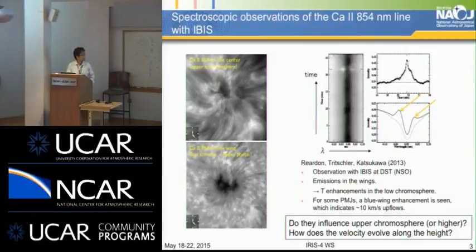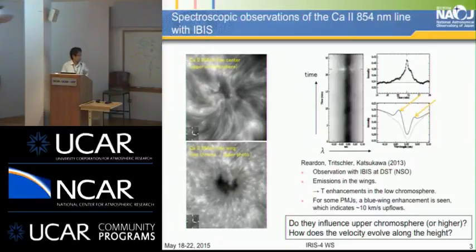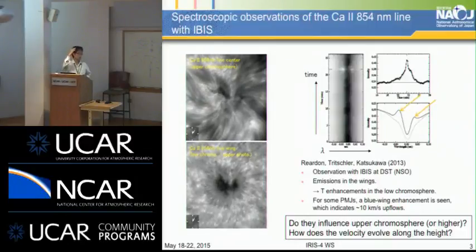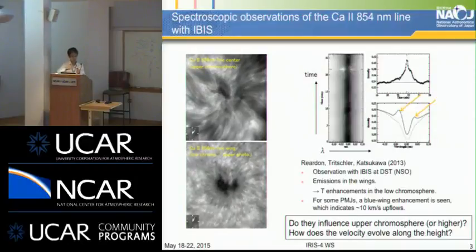So this velocity is much slower than the apparent motion of the jet. So using IRIS, we want to study how these penumbral microjets influence the upper chromosphere or even higher, the transition region and corona. We should also study how the velocity evolves along the penumbral microjet to study how this very rapid motion is driven.